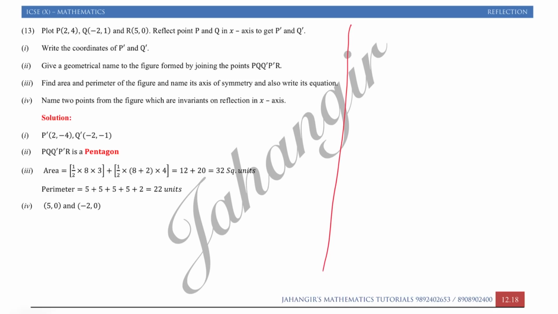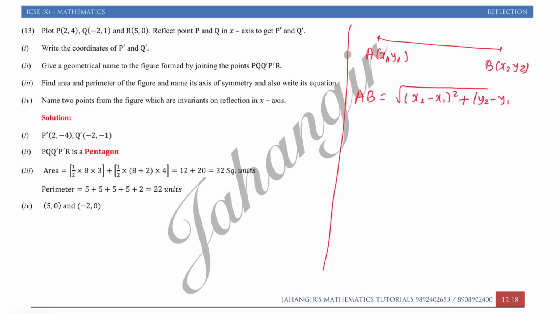Just write down the formula. If we have 2 points A (x1, y1), B (x2, y2), so the distance AB is the square root of x2 minus x1 whole square plus y2 minus y1 whole square.